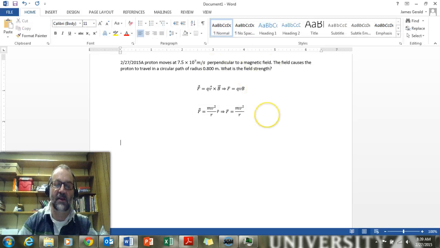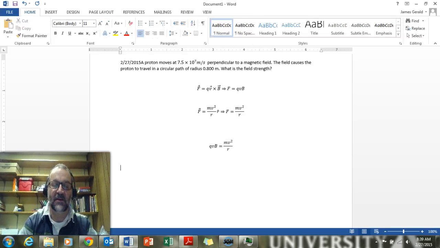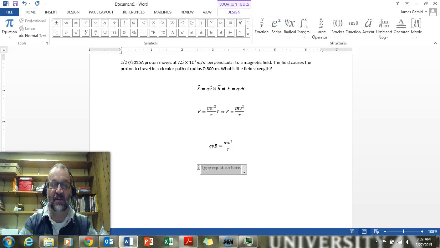Now we can take these two and set them equal to each other so that we've got QVB equals mv squared over r. And what does this give us? One of the v's cancels out. This gives us QB equals mv over r.